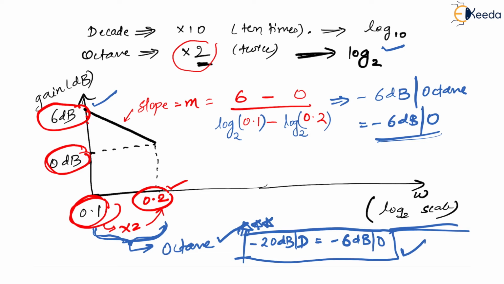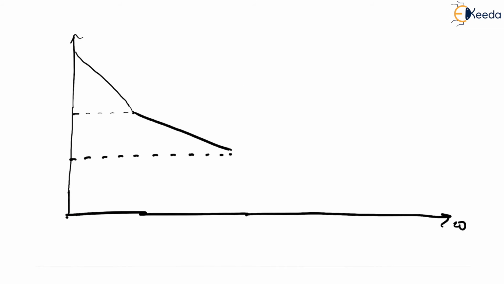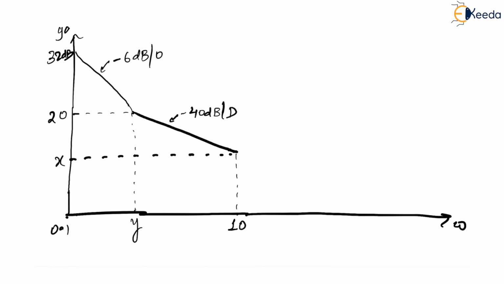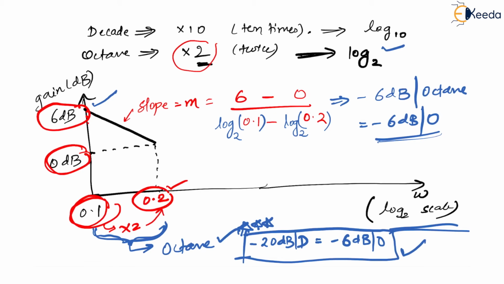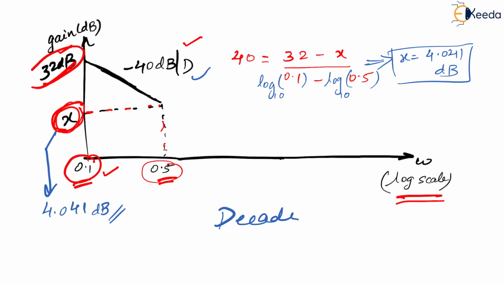Okay. Anyways, if I think of one last example, and then we will end this particular introduction session, and after that we will see how to draw the actual plots, approximate plots. Okay. Anyways, if you think of next one example. So far, if you see, we have seen an axis where we have either octave or we have decade, right?